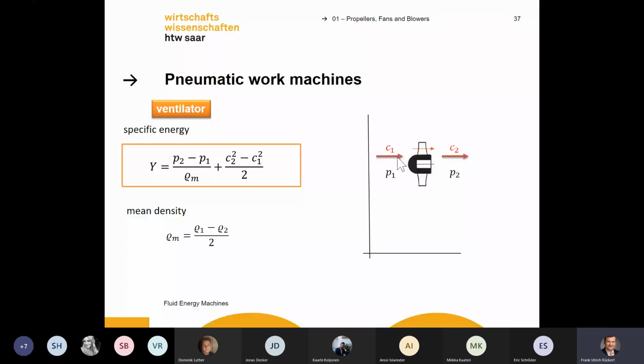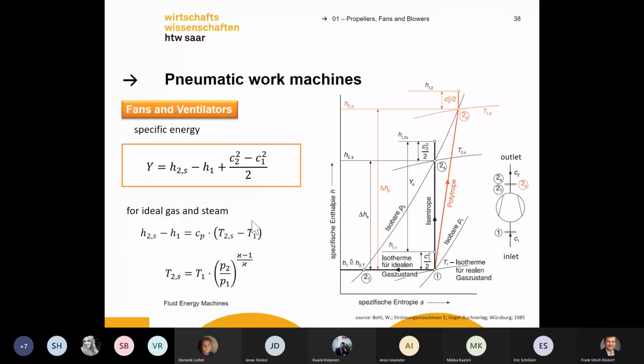It will pass out here. We will have different pressures in front of the fan and behind the fan. We have different velocities, of course, and then we can calculate the specific energy based on pressure difference and velocity difference. Please make your cross here. We will often use this formula to calculate pneumatic work.